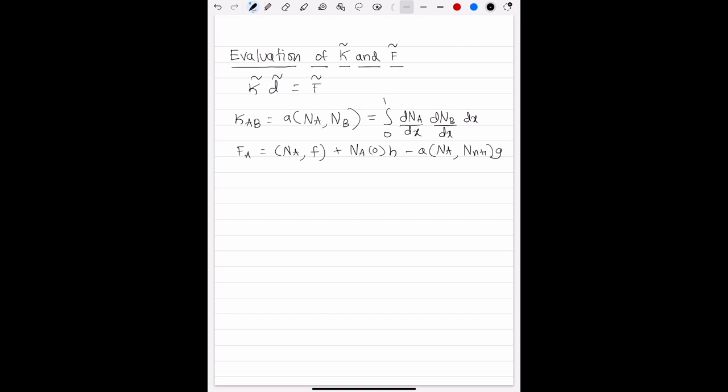Here h was the constant for our Neumann boundary condition, whereas g was the constant for our Dirichlet boundary condition.